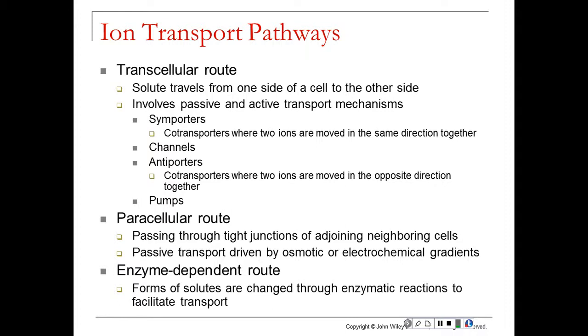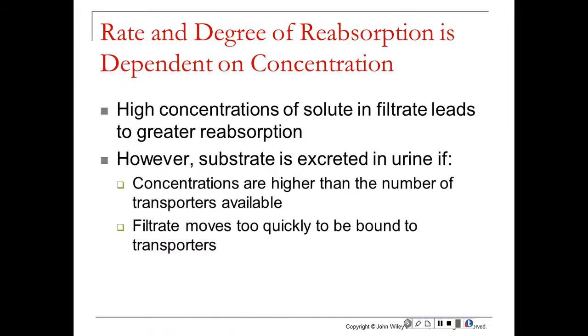And then there's the enzyme-dependent route, which is where those solutes are changed through enzymatic reactions to facilitate various transport mechanisms. So the rate and the degree of reabsorption is, of course, dependent upon their concentration. High concentrations of a particular solute within that filtrate are going to lead to greater reabsorption.